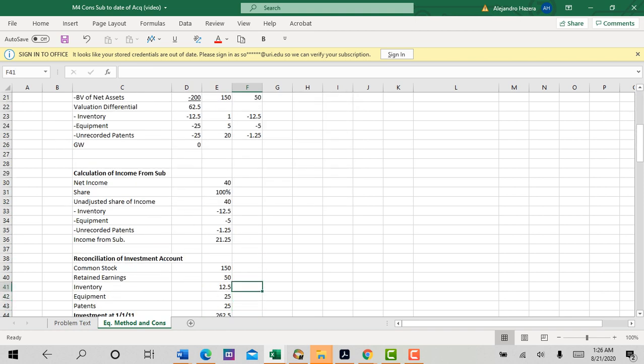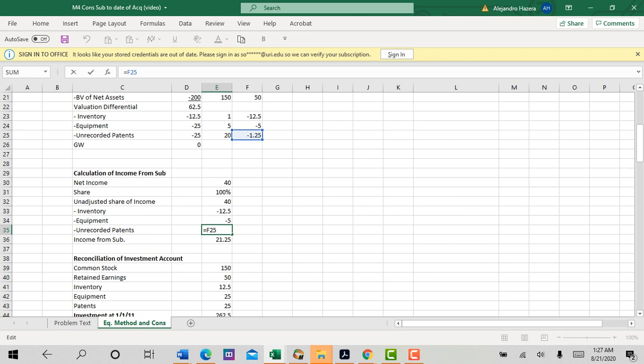Okay, so we start with net income and the income from sub calculation. We start with 40 net income times our share of 100%. That seems silly, but in future problems, it's going to be less than 100%. You're going to have to divide that up, so we'll do that later. So our unadjusted share of income was 40. Now, all of these amounts were the write-down amounts brought down from the income from sub calculation.